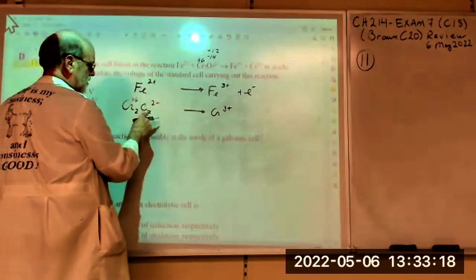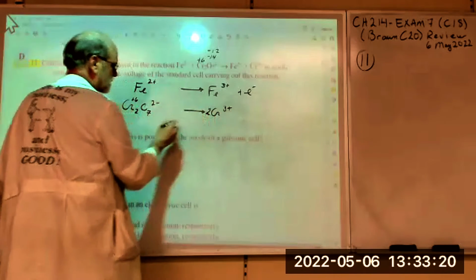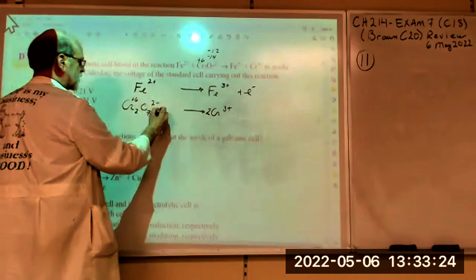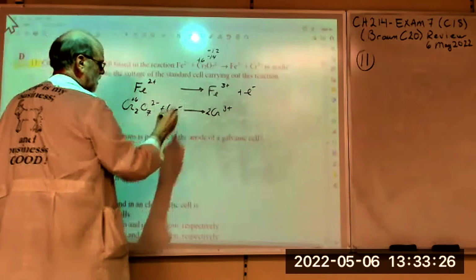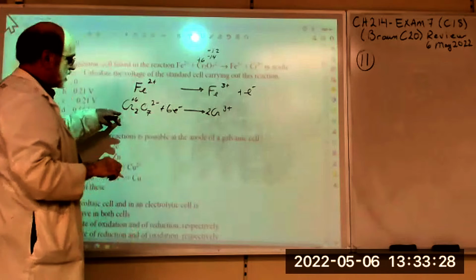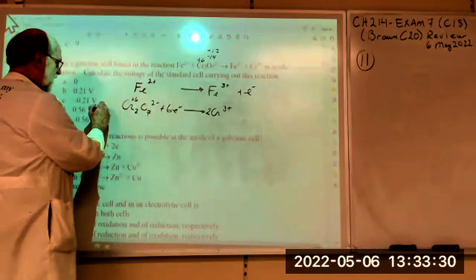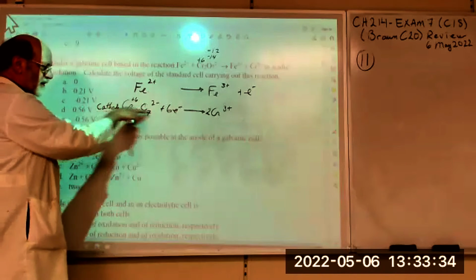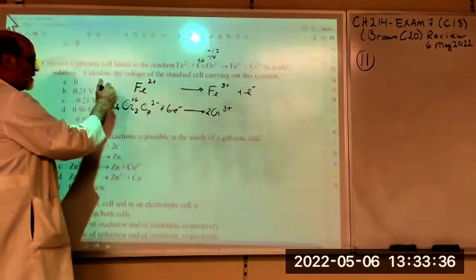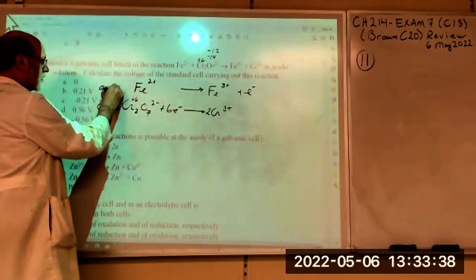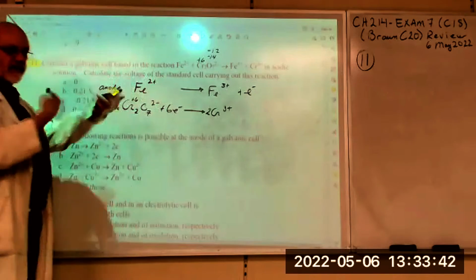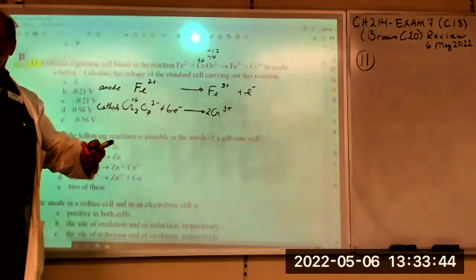This means 2 here. So +6 is 3 like 6 electrons. All right, so this is going to be the cathode. And we'll look up this one as is. This one's the anode. So we'll look it up as this one going to that one and flip the voltage.